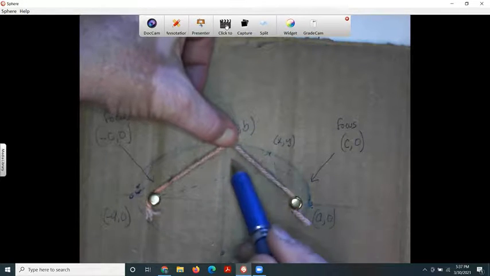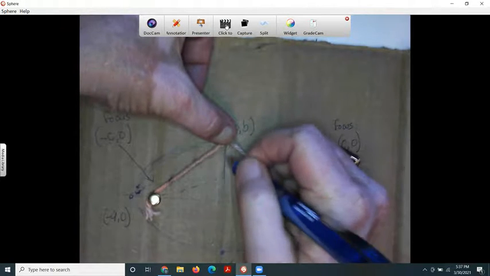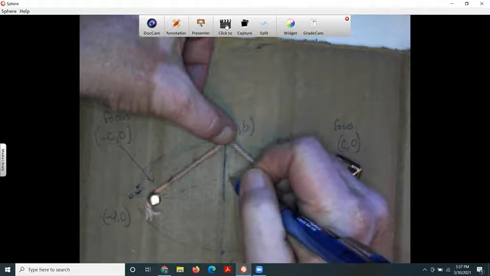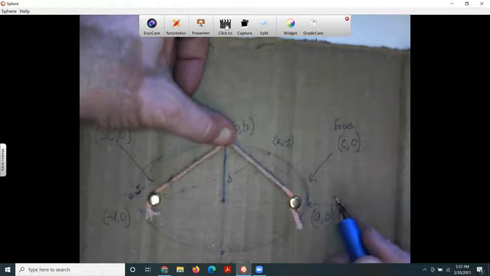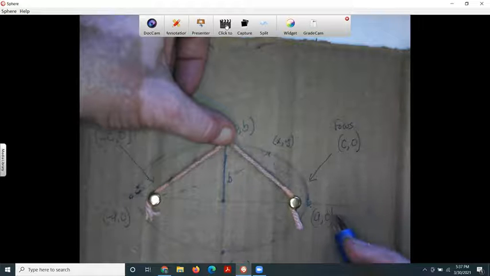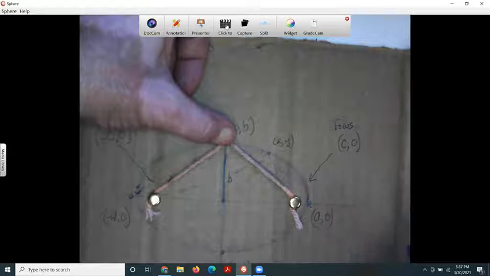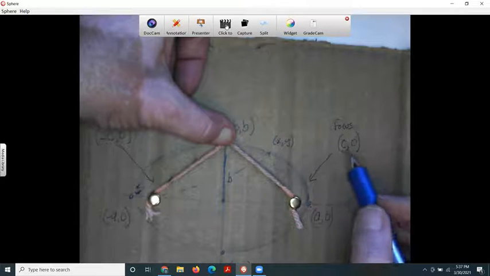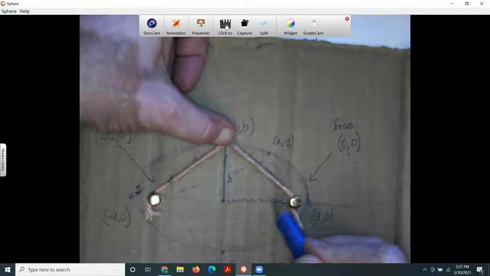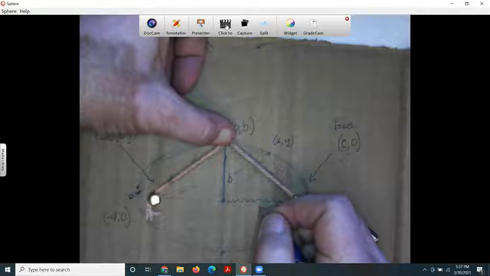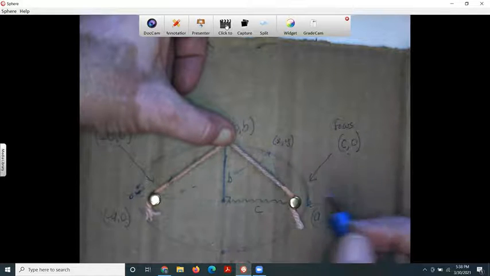Okay? Now, this thing right here, that's B, right? Because that's the origin. And then, what was I supposed to... This thing right here, the focus is at C comma 0. So this is C. And this is a right triangle.